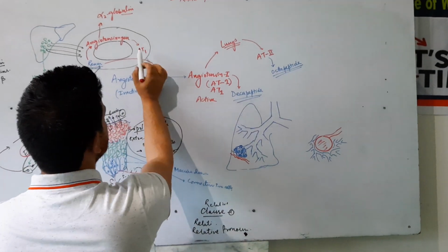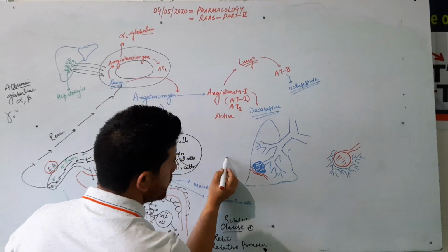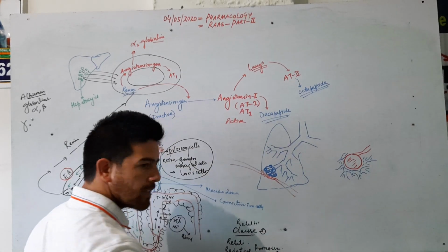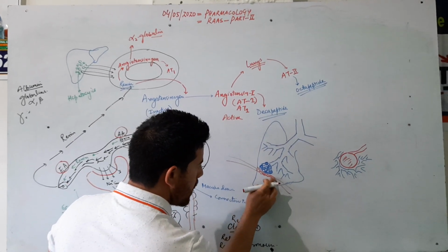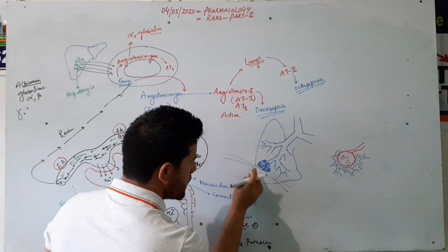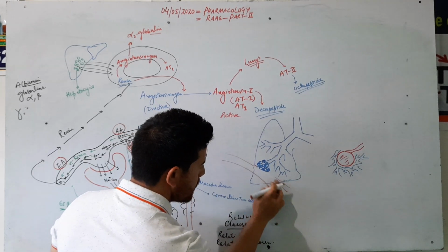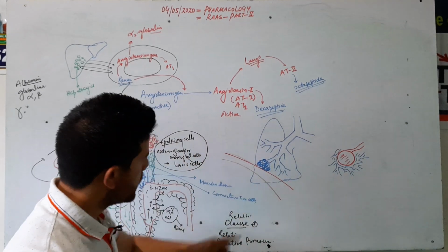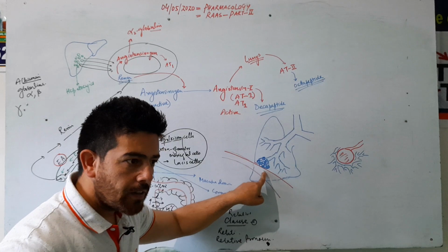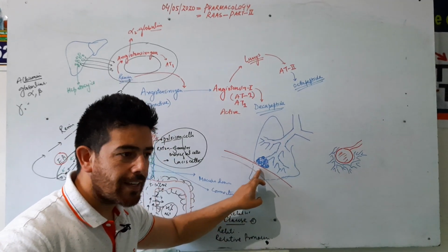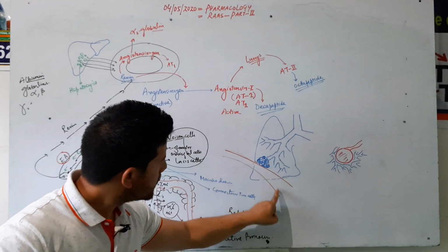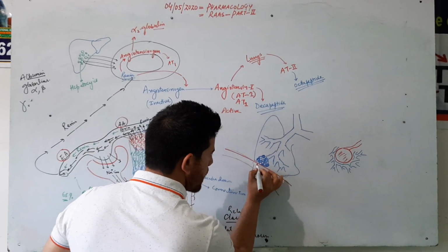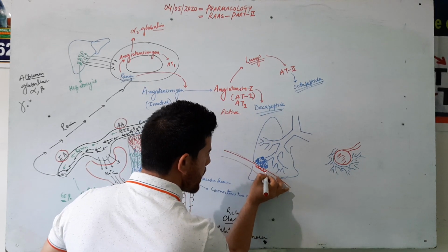As soon as this blood moves through the lung, if I enlarge this diagram, the endothelial cells of these capillaries inside the lungs have some specific cell types.